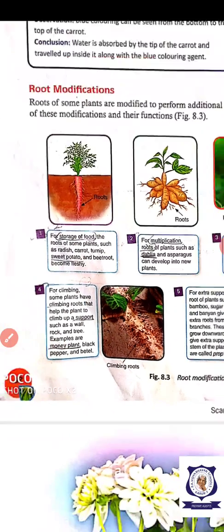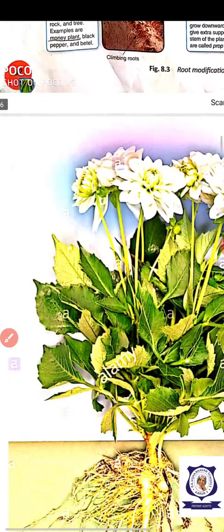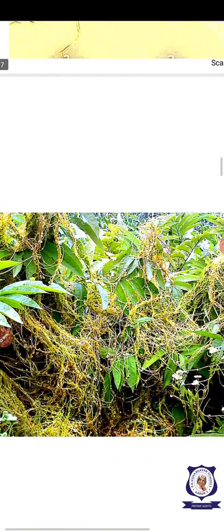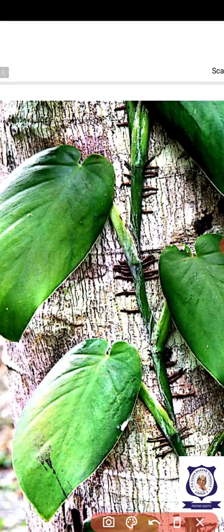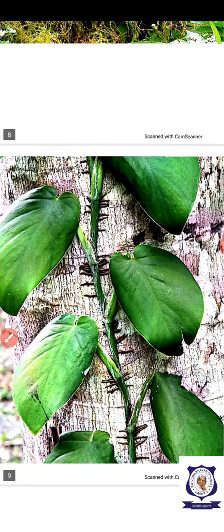The stem itself gives out small roots. That is also adventitious roots. In this picture you see the pepper plant. This is the money plant. You see the roots are given out and holding the plant tightly, helping the plant hold onto the support. Okay, so this is another function of root.